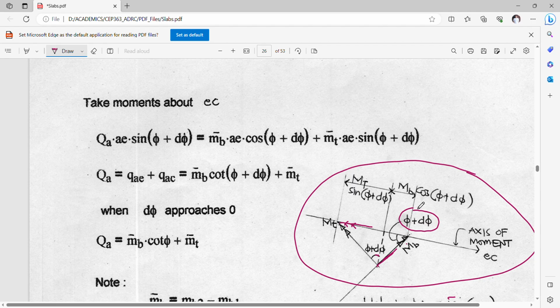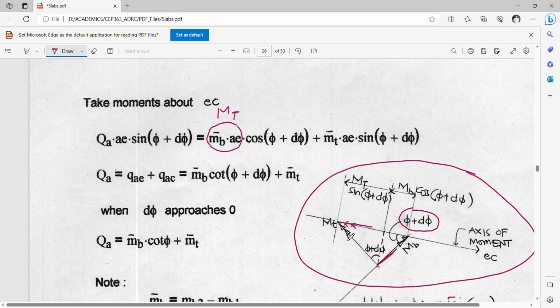So this is MT, your M bar times AE, which is your capital MT, multiplied by the cosine of phi plus dphi.